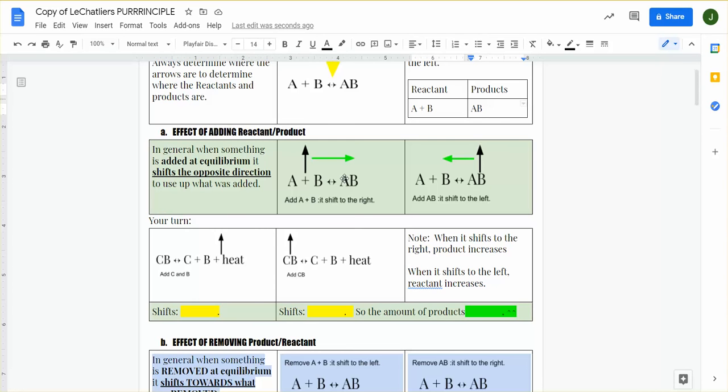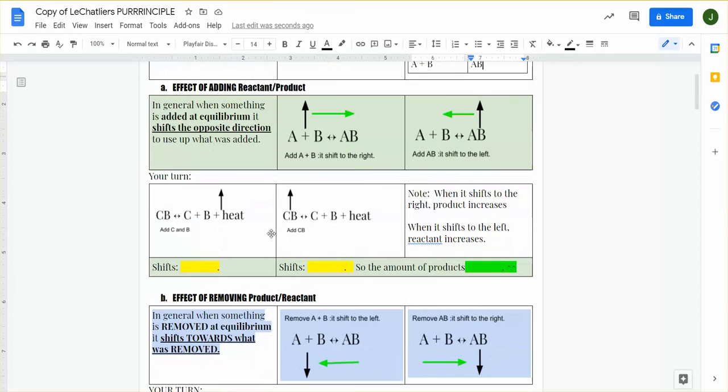So if this is at equilibrium and we add some changes, it wants to shift in the opposite direction. So whether we add a reactant or a product, it's going to shift in the opposite direction from where you added it. If you add things on the left side, guess what? It's going to shift to the right. And if you add things on the right side, things are going to shift to the left.